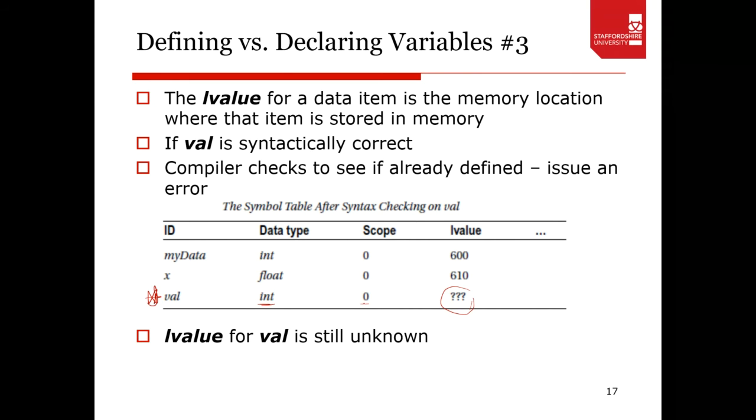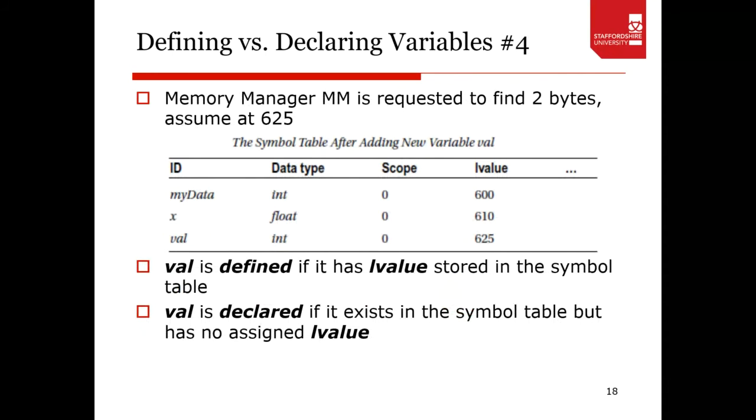So the compiler checks to see if it's already defined. If it is, it issues an error. The memory manager is requested to find 2 bytes that are free. Let's assume, for instance, 625. So we're starting at 625 now. So val is defined if it has an L value stored in the symbol table, which now it does.